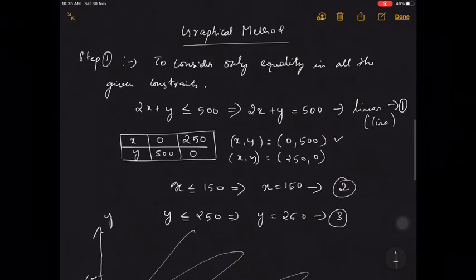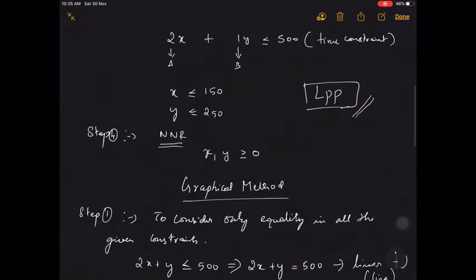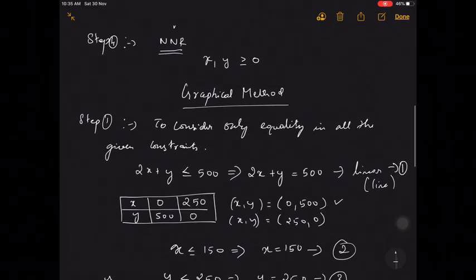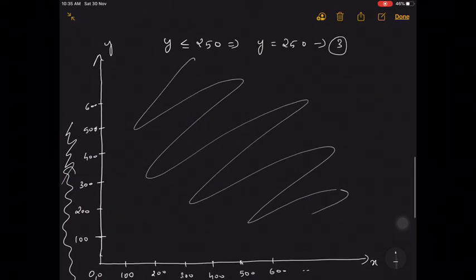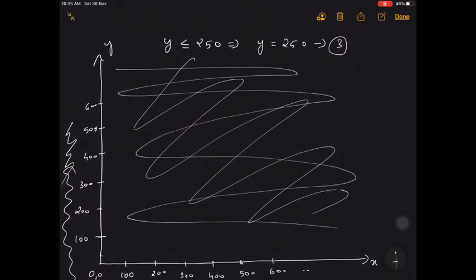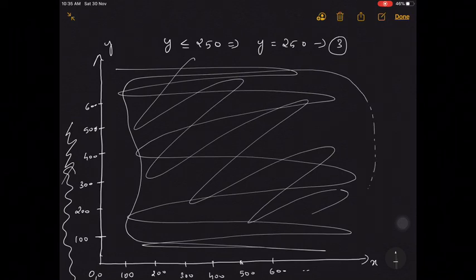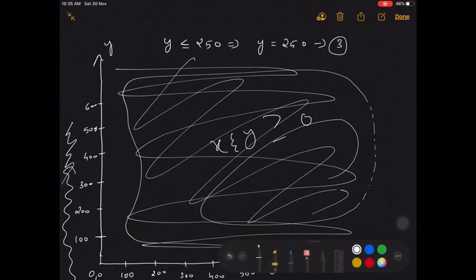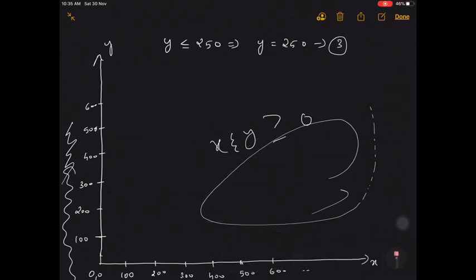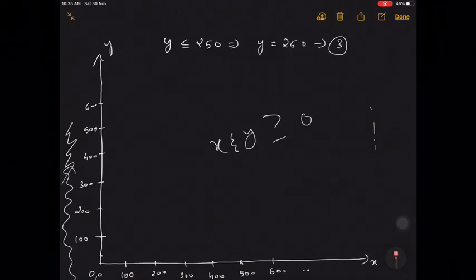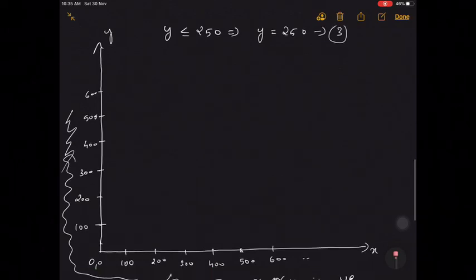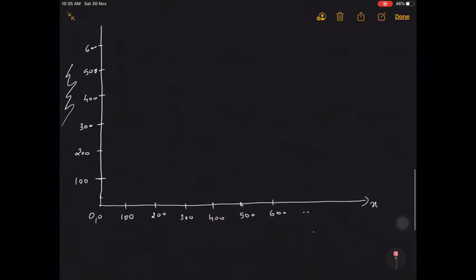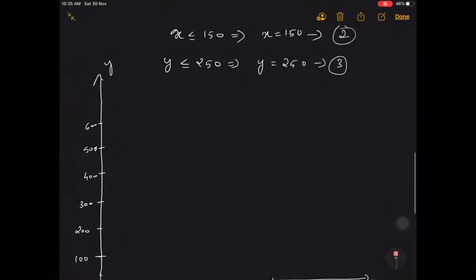But look at the last constraint, which says x and y should be greater than or equal to 0, and this is the only place where x and y are greater than or equal to 0. That's why we're considering only above the L. So our region will be here, only this part will be considered.